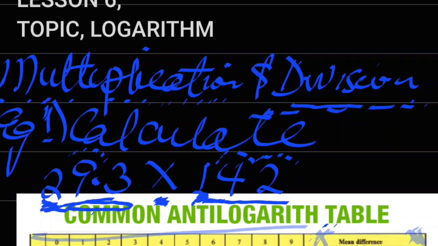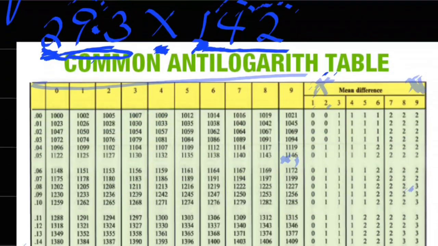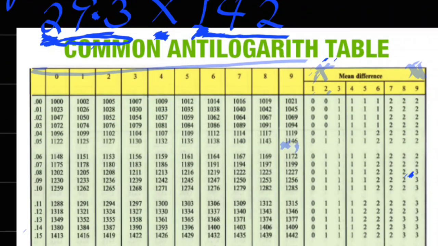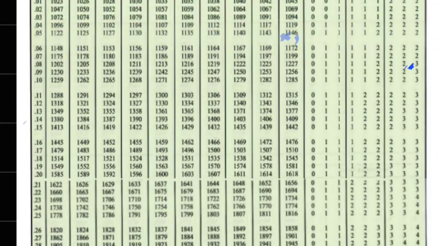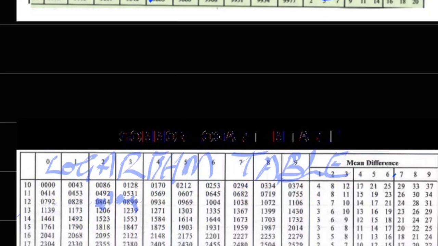I want you to know that we are going to be looking at the logarithm table. So you can see here, we have the common anti-log table. That is the table we have here. And we have another table down here. That is the logarithm table.